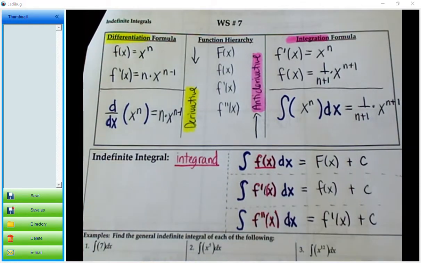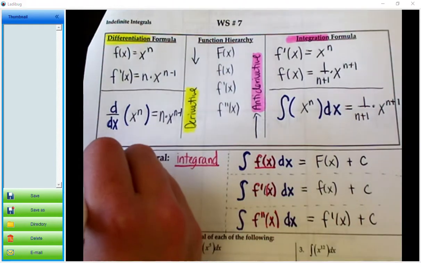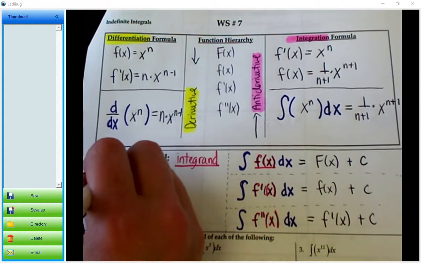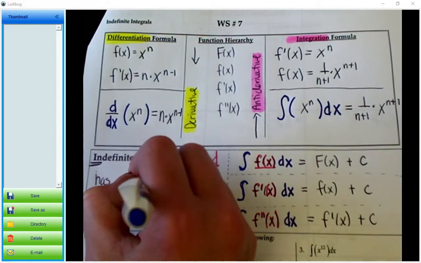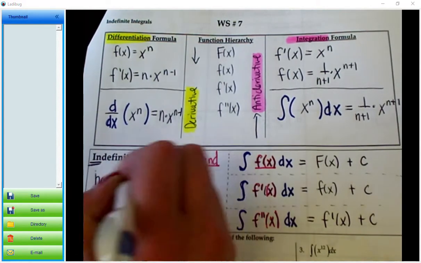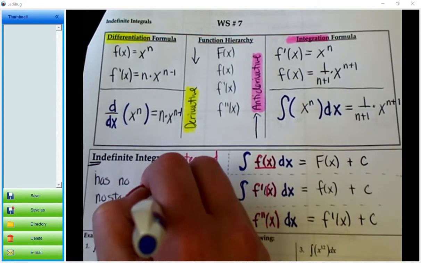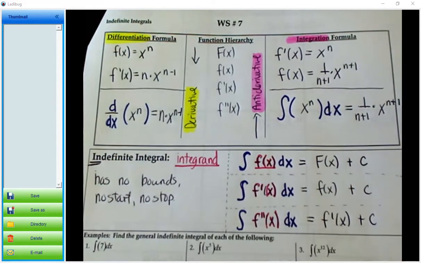Okay. The indefinite integral has no bounds, no start, and no stop point. When we first looked at the integrals, we looked at it as the area under the curve.